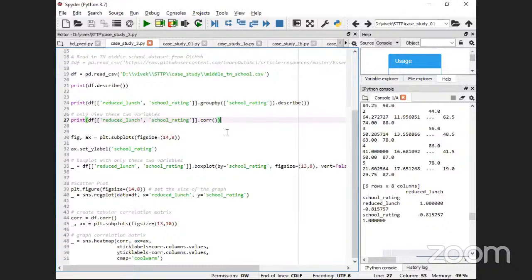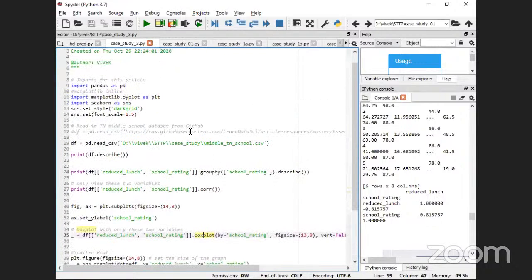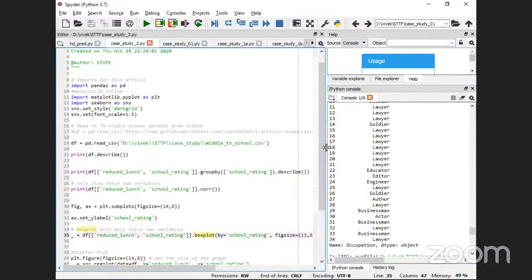And further, we are going to use a box plot to plot this. So first, let me show you the output for this case. Up to now, what we discussed, let me generate and show you the output.